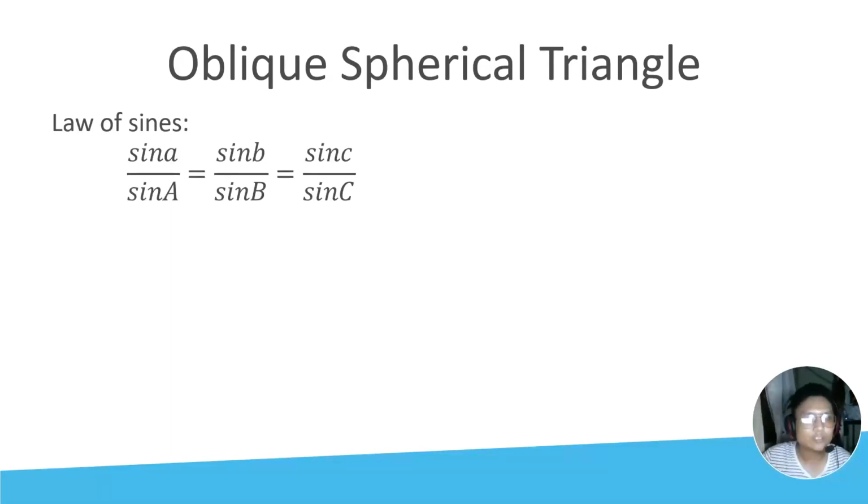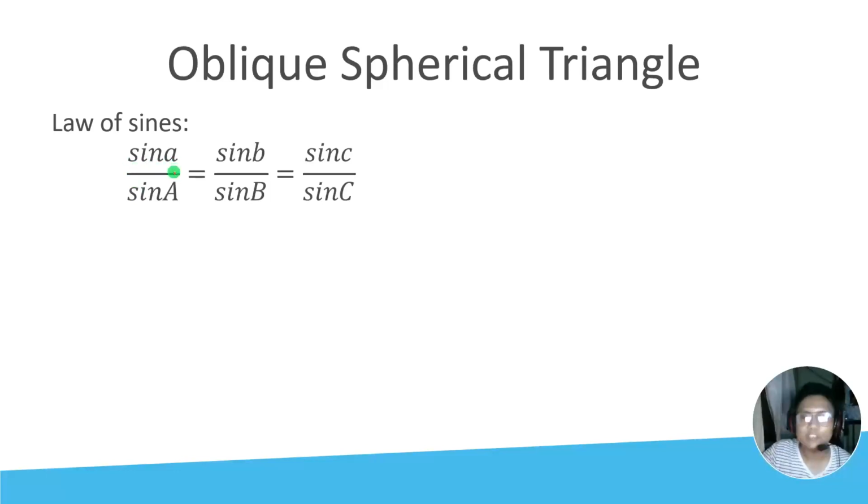For the law of sines, we have the ratio of the sine of a side to the sine of the angle opposite that side, and they are equal. The difference from plane trigonometry on a plane triangle is that we apply the sine function here on the side.